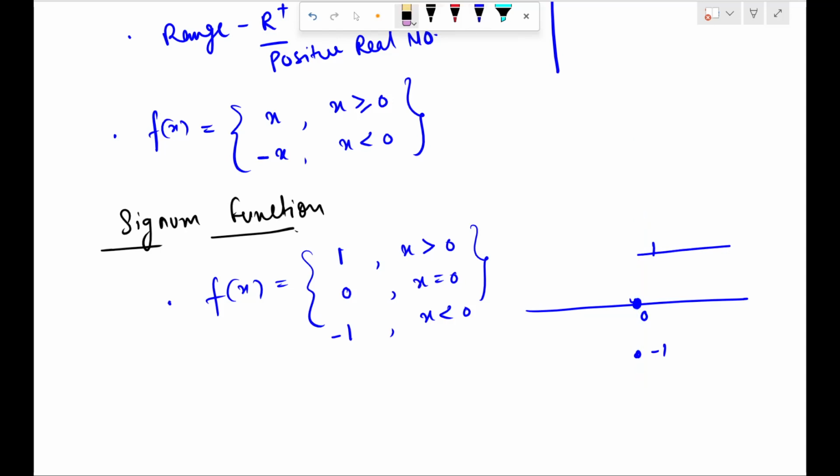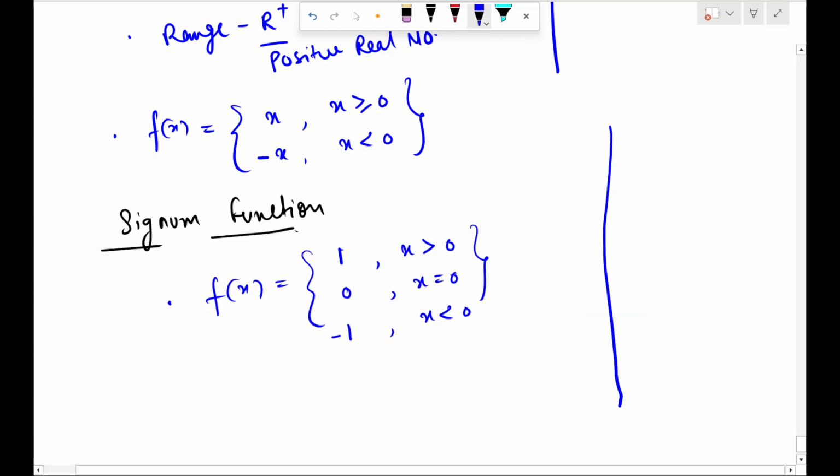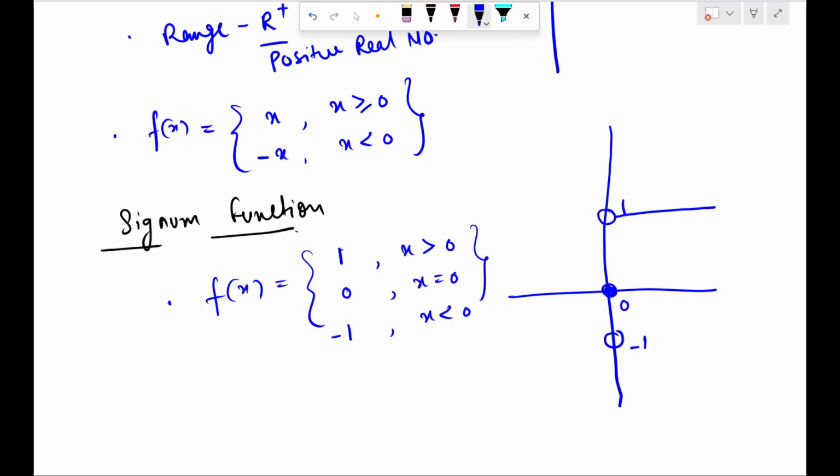So this is the graph. This is a hole at 1 and minus 1 and this is solid at 0. So we have f of x equal to 1 when x is greater than 0, f of x is 0 when x is 0, and f of x is minus 1 when x is less than 0.